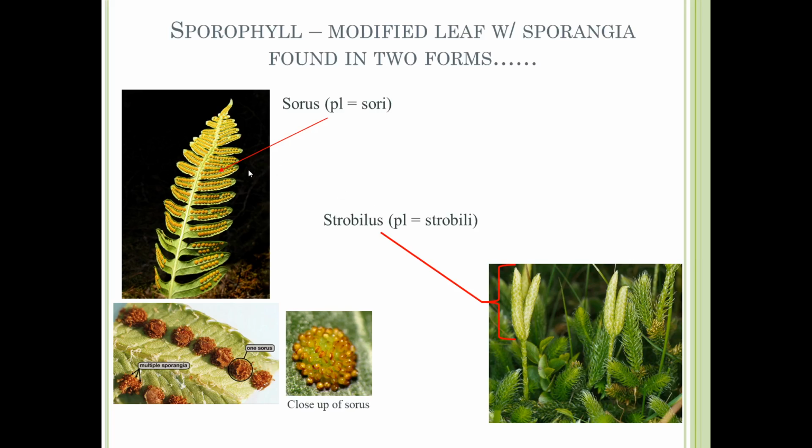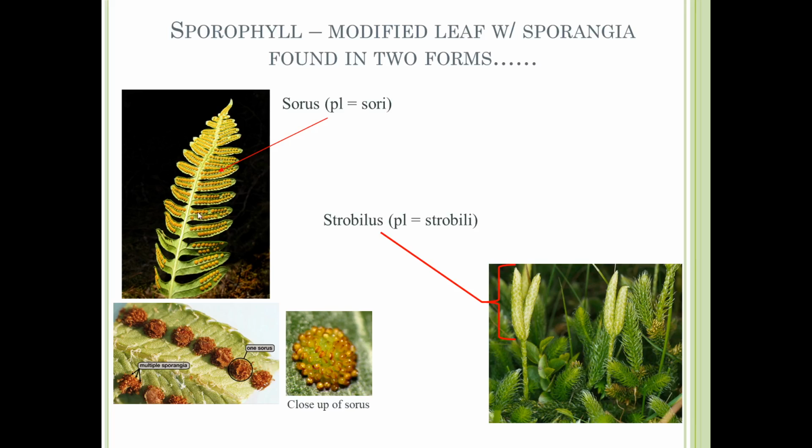So if I look at this one over here first, some of the plants that you guys are going to look at today in this lecture and then also in the lab are going to be ferns. And I'm sure there's probably a fair number of you that are familiar with what a fern is. But if you turn over the fern leaf, which is actually called a frond, you're going to see all of these little tiny dots on the underside of some of those fronds or leaves.